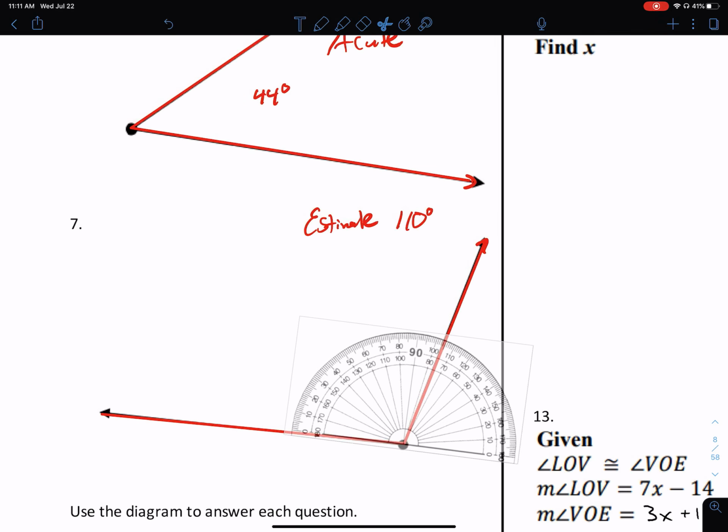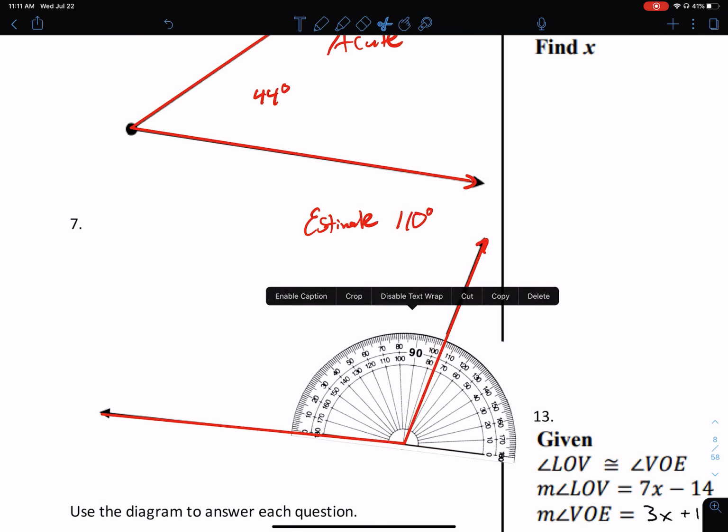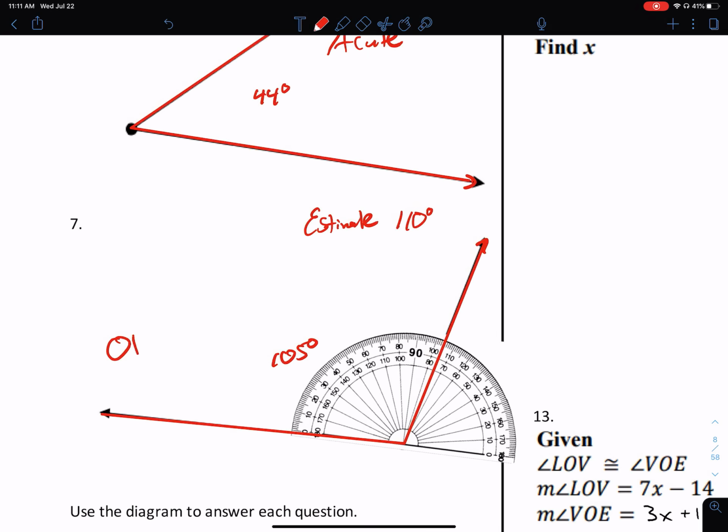I want my vertex on the vertex, and I want one of my rays pointing at 0. It looks like this measurement here, starting at 0, is going to go up here to 90, 100. Here's 110, about halfway through. Looks like it might be around 105 degrees. This is an obtuse angle because it's bigger than 90 degrees and less than 180.